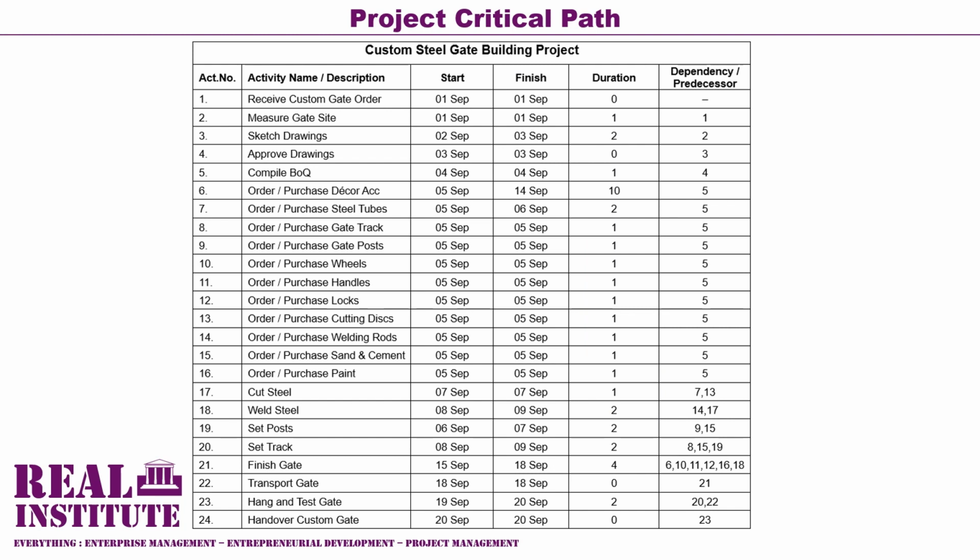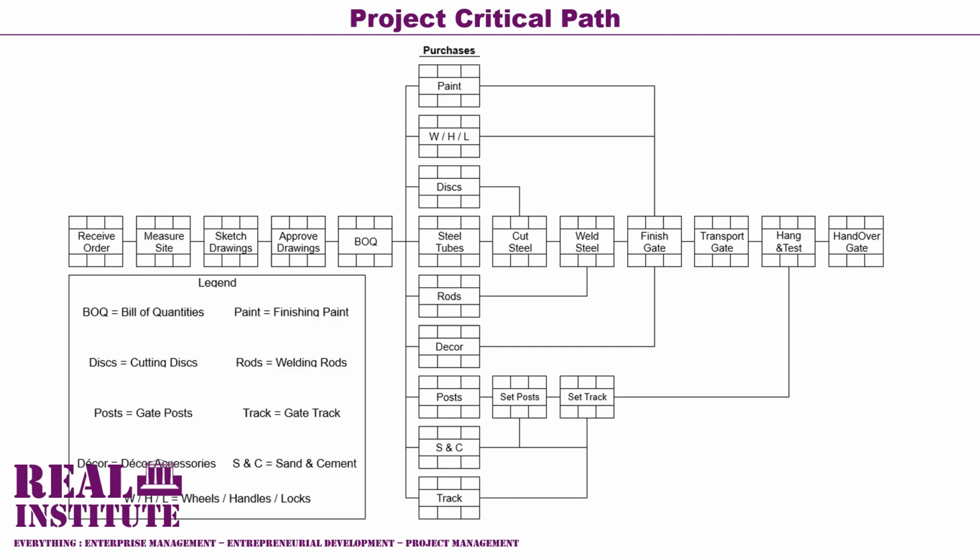Using the dependencies of the project activities, we can then construct the project network diagram for the custom steel gate building project. You'd recall that a project network diagram, on the other hand, is a schematic view or picture of how project activities in a project logically flow from the first to the last, or how they practically and logically precede and succeed each other.